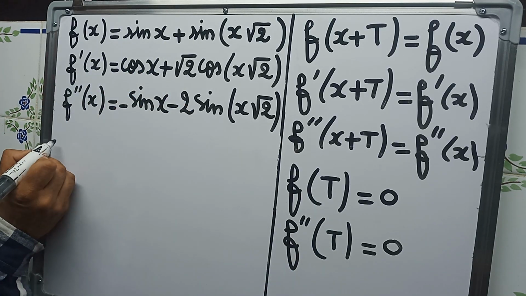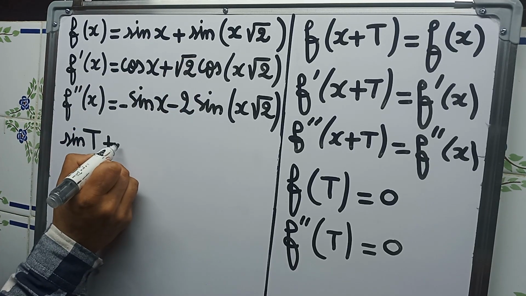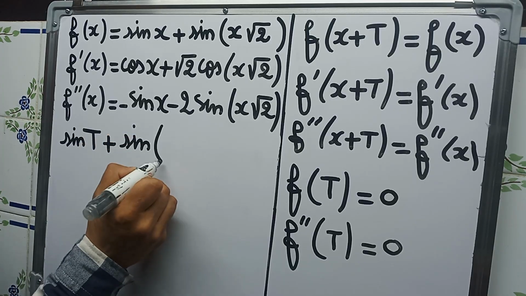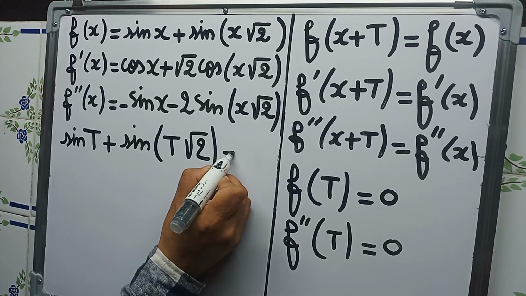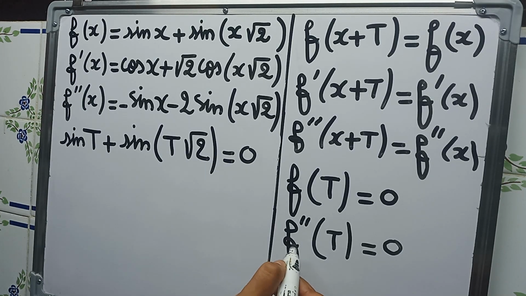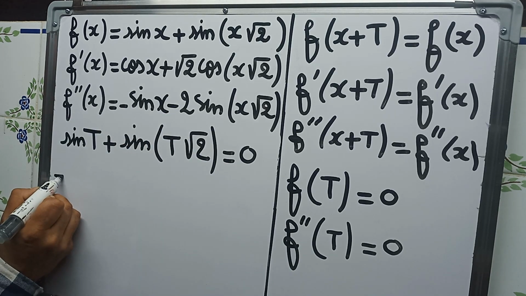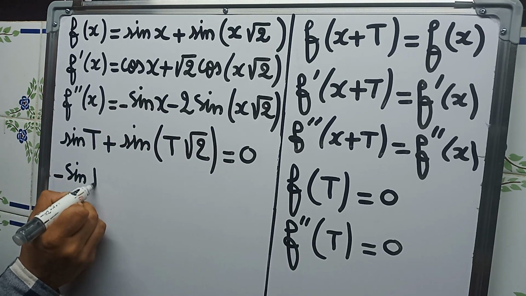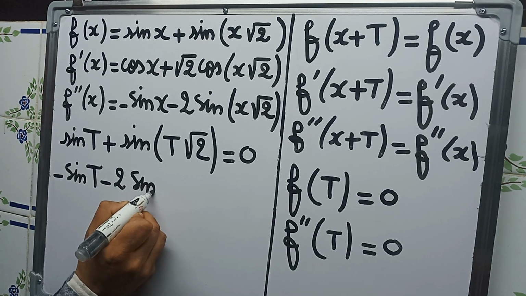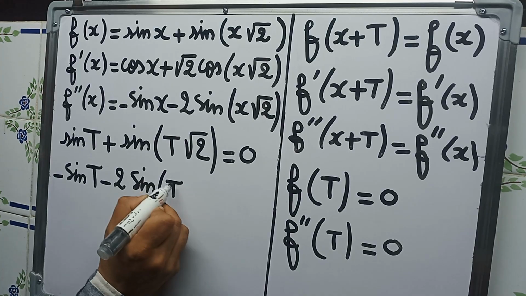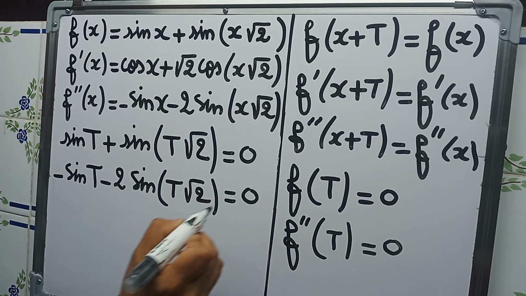F of t is sine of t plus sine of t square root of 2 is equal to 0. And f double prime of t is equal to 0 here, minus sine of t minus 2 sine of t square root of 2 is equal to 0.